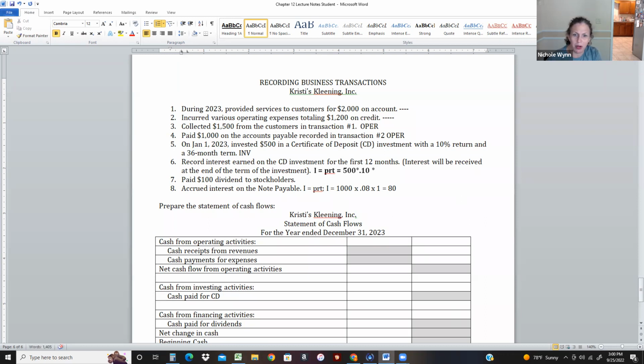We bought it on January 1, so it's 12 out of 12 months, or 1 year, and that's $50. But I'm not going to receive any money today. So that $50 would be considered interest revenue and interest receivable. The R ones go together, receivable and revenue, but no cash was received today. So no cash flow. Paying a dividend to owners is financing.